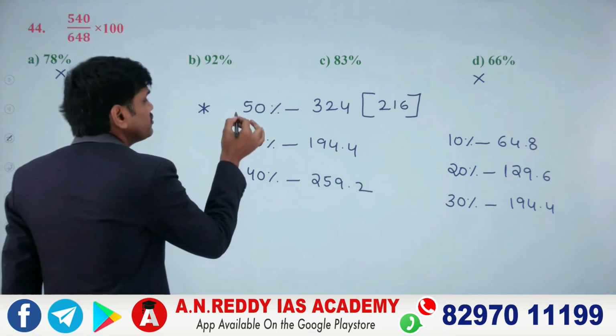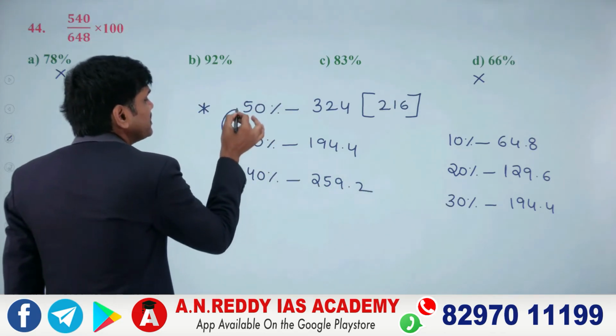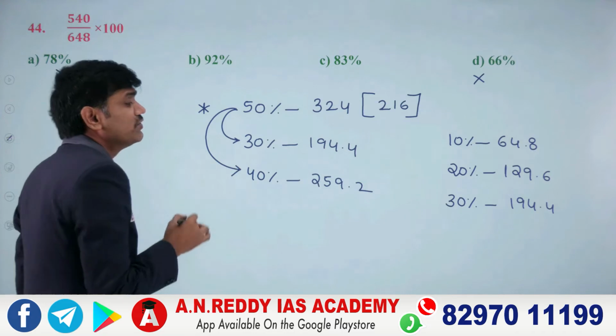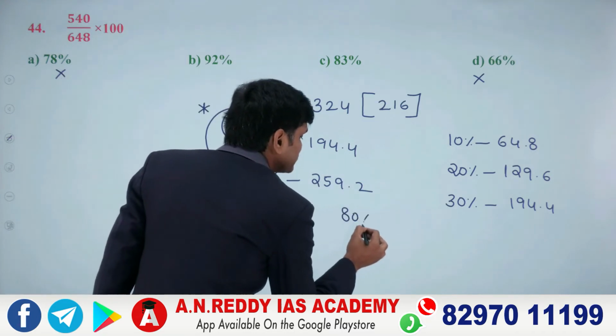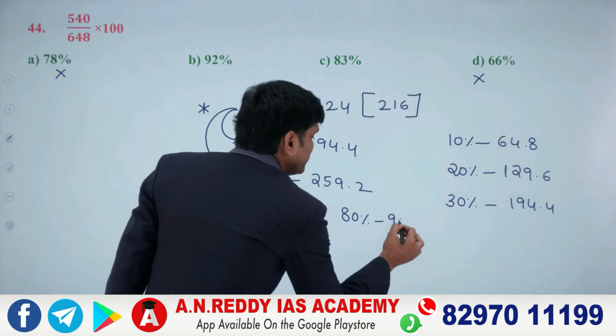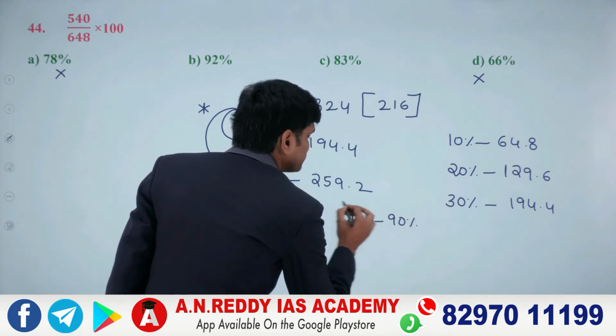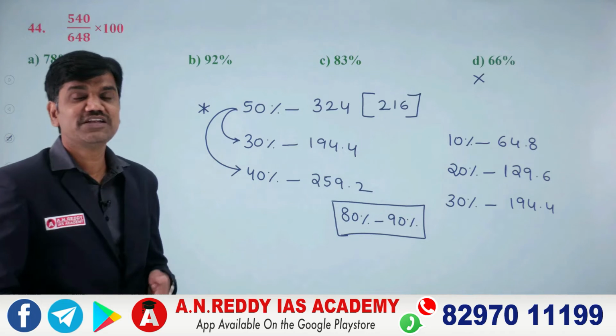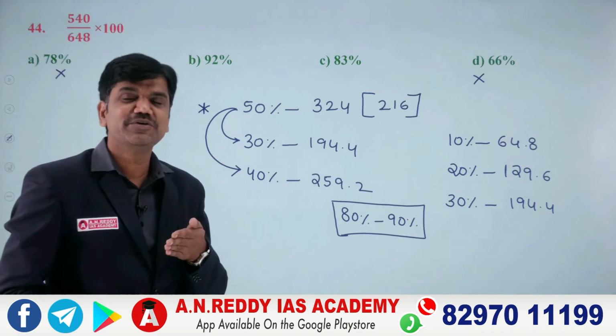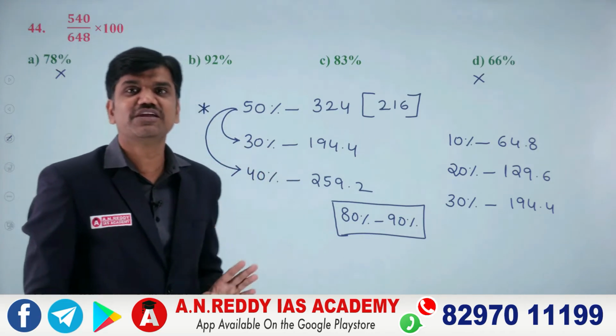Hence I can add 30%, I cannot add 40%. Your answer has to be between 80% and 90%. There is only one option in the range of 80 to 90. That's my answer. I did not check whether it is nearer to 80 or nearer to 90, because there is only one option between 80 and 90.